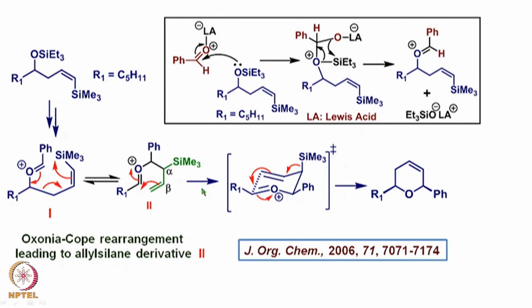Now we can write the transition state in this particular fashion, where R1 and the phenyl groups are equatorially oriented, which then eventually, by the loss of this carbon silicon bond and the cyclization here to form this CC bond, leads to this particular cyclic olefin.